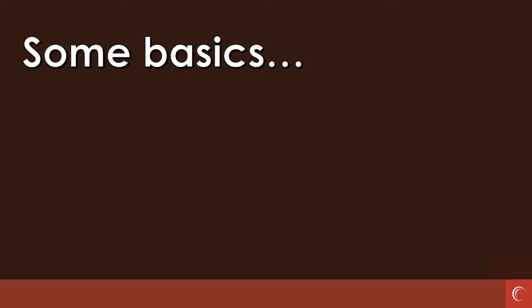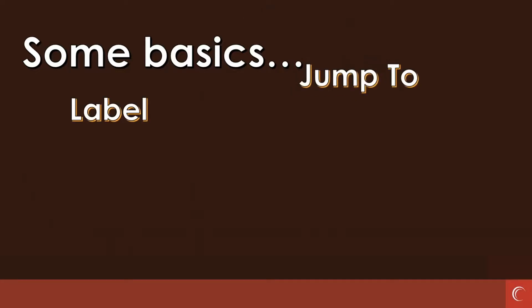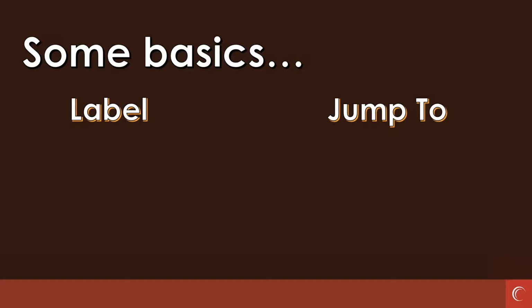So, some basics. There are some new features added to the action patterns that make action patterns now enhanced. They are label and jump to, which allow you to place points in the action pattern that you can then return to when needed. We also have prompts that allow you to set particular dialogues in front of operators to collect pertinent information while handling the alarms.